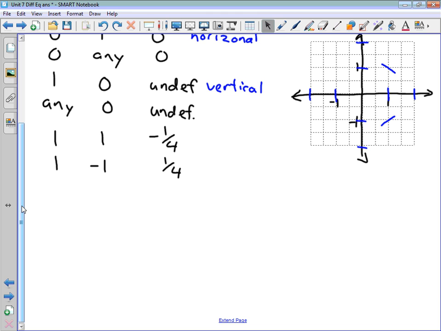If we go over to x equals -1, y equals 1, that's going to give us 1/4. So it's going to go like this. And if we choose -1, -1, we are going to get -1/4.